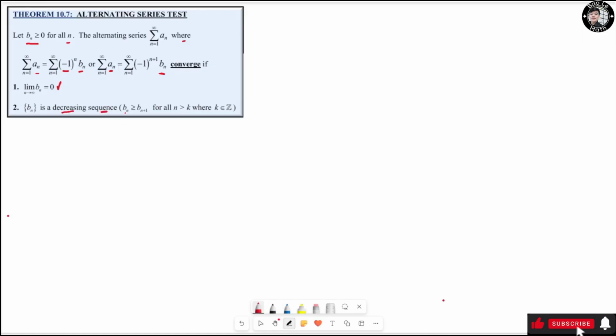What does it mean? It means b sub n is always greater than or equal to b sub n+1 for all n greater than k, where k is an integer.